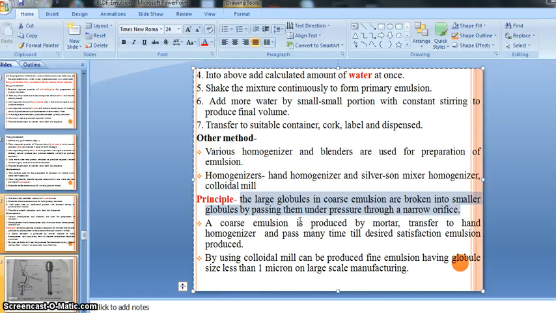If we prepared a coarse kind of emulsion, and we need to make it a fine emulsion, right?